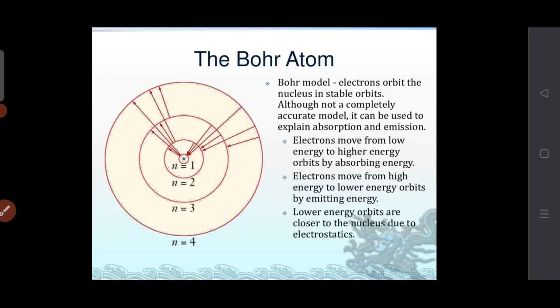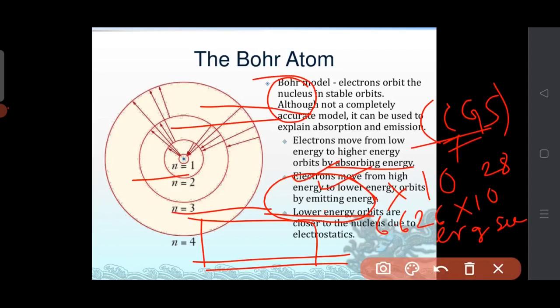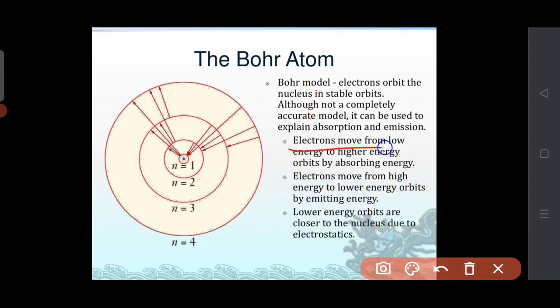He says that when an electron moves around the nucleus, it will not lose or gain energy. Only when it goes from a lower energy orbit to a higher energy orbit, or from a higher energy orbit to a lower energy orbit, is it possible to gain or release energy.